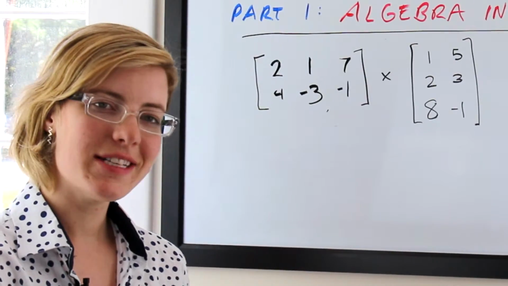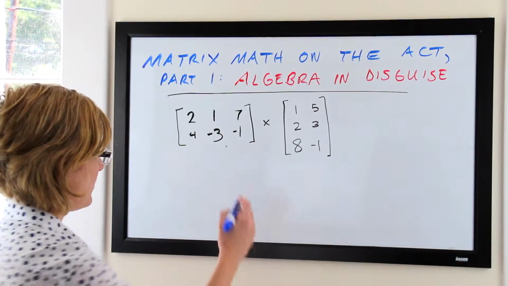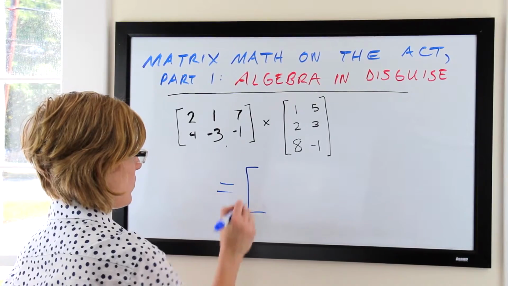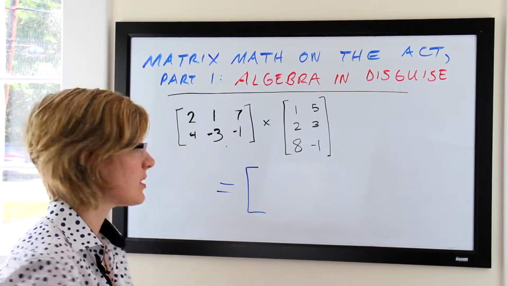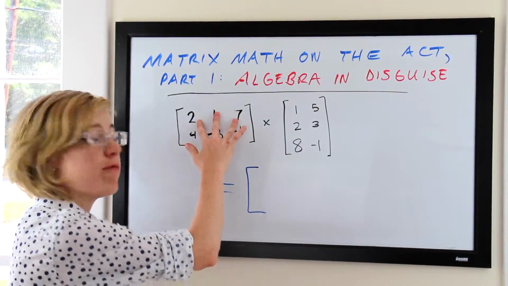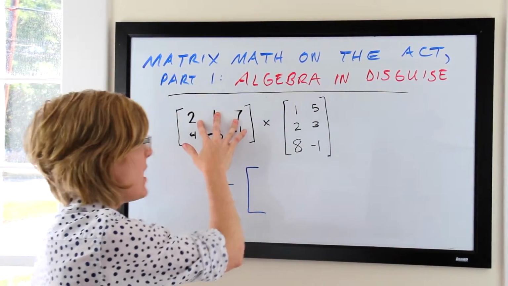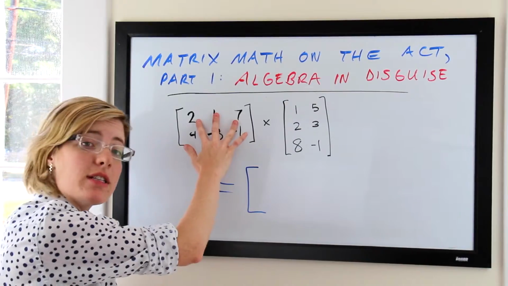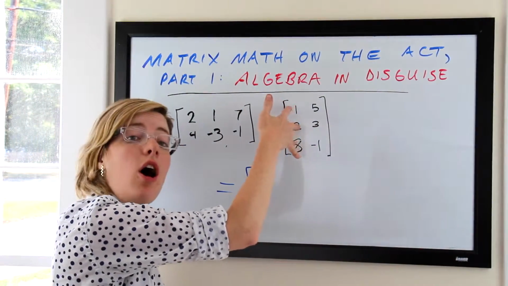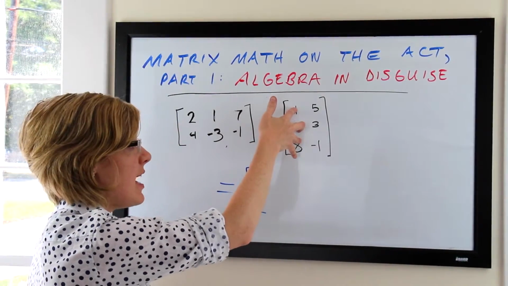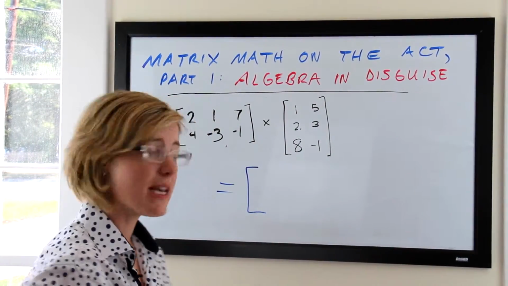All right, so let's do the actual multiplication. We're going to write out every single step so you can see how this works. First of all, you take the first row, and I have this marked by my 3 fingers here, and you multiply against the first column in the second matrix, and you add those elements together. So what does that look like?